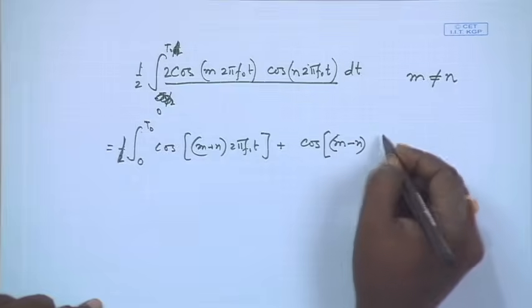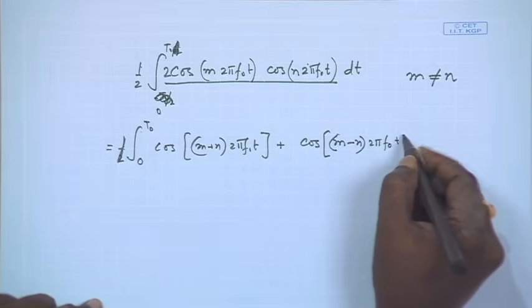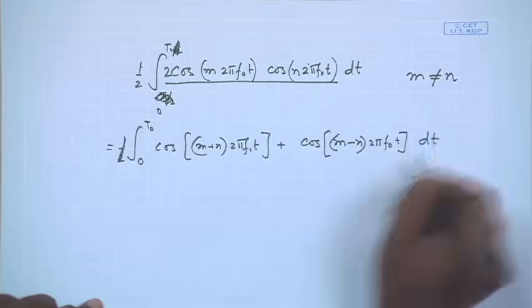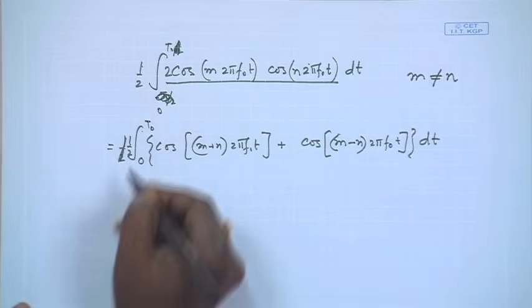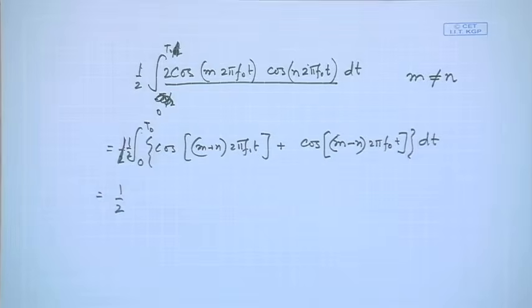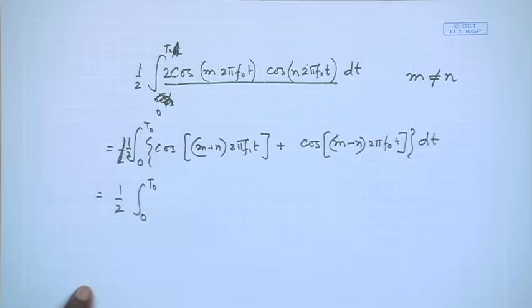So, here either m is bigger than n or n is bigger than m, it does not matter, it will all be the same. There is a half outside. Now, let us see the first integration, 0 to t0.